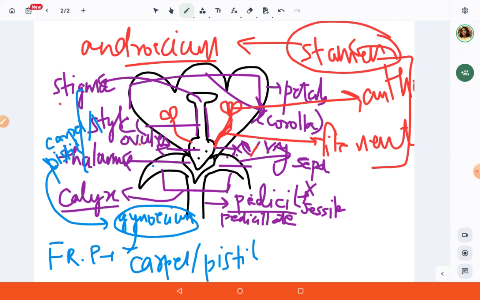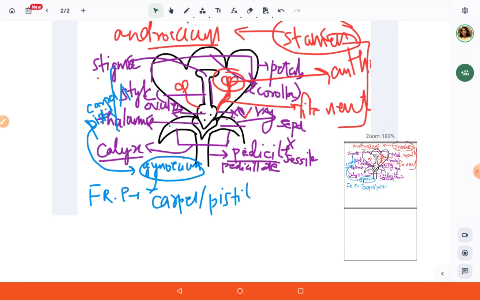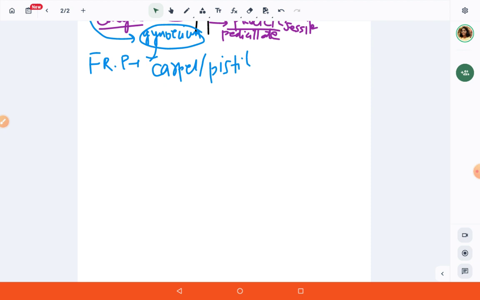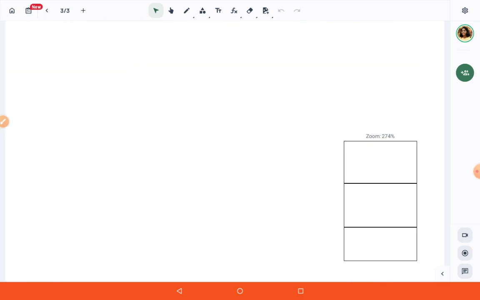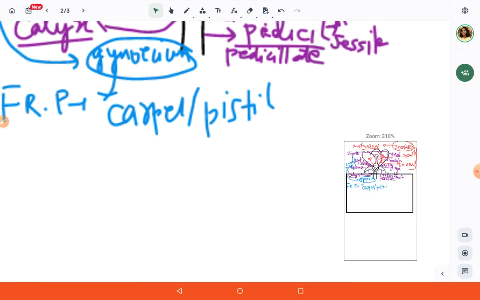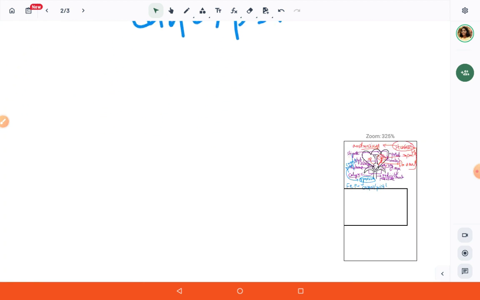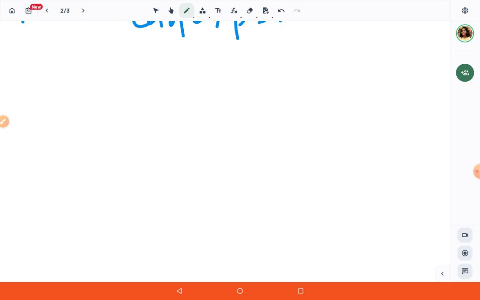Now let us do one more thing. Let us bisect this anther. What will happen if I cut this anther? What will I get to see? So this is your anther, right?